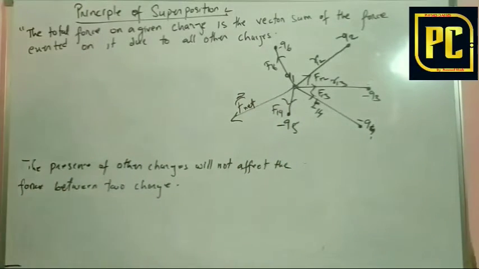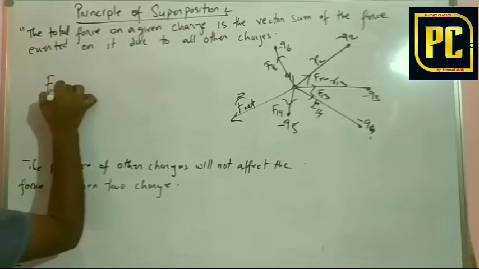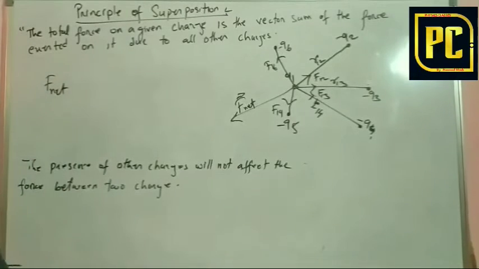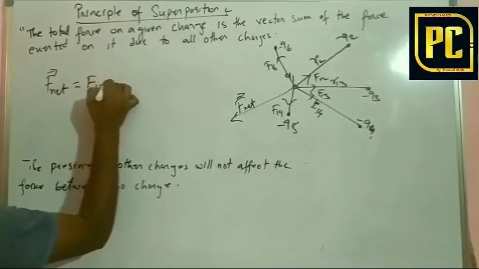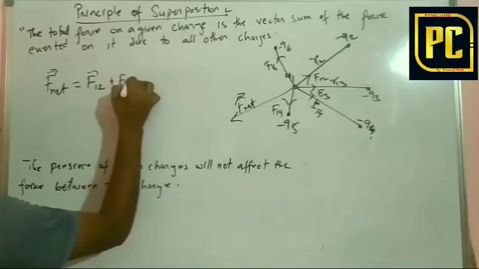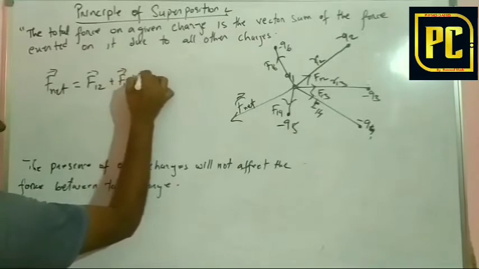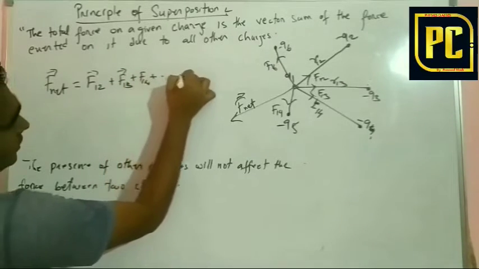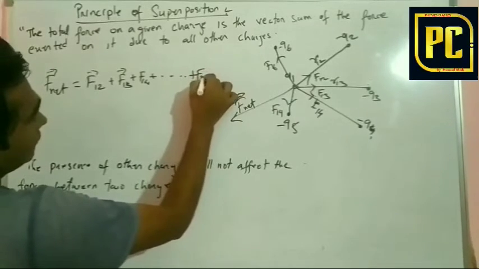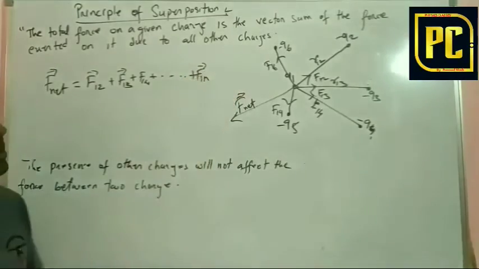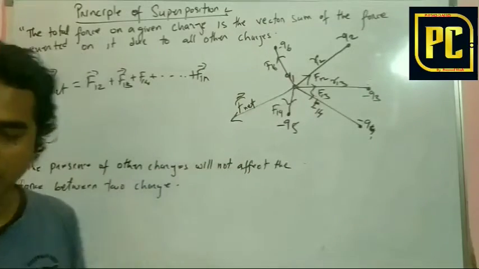So according to the superposition principle, F net is the vector sum of all these: F12 plus F13 plus F14, till, if I have n charges, F1n, the force on 1 due to all the charges.